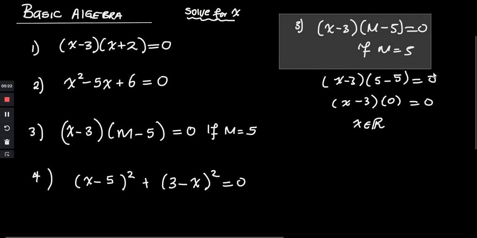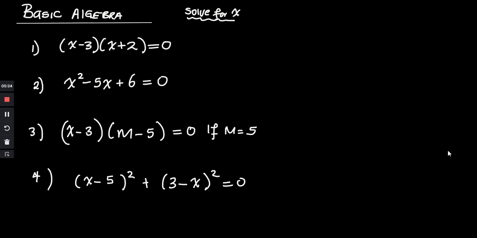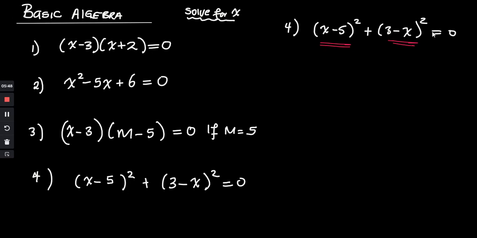So let's look at the last problem, which is a bit more interesting. For the fourth problem, we have (x - 5) squared plus (3 - x) squared equals 0. The way to think about this is that the only time you can have the sum of two squared numbers giving you 0 is when each of these numbers is 0.